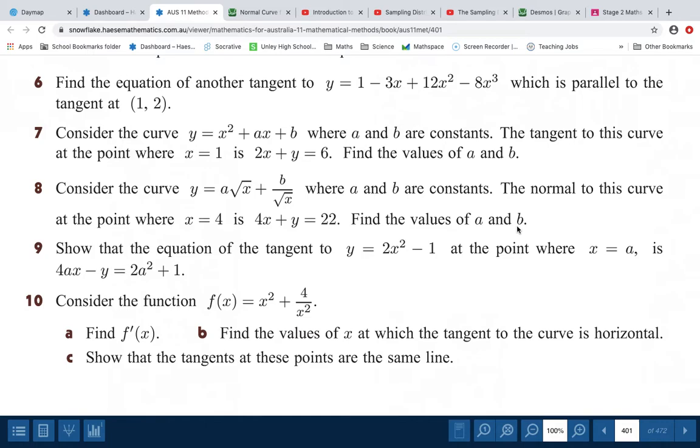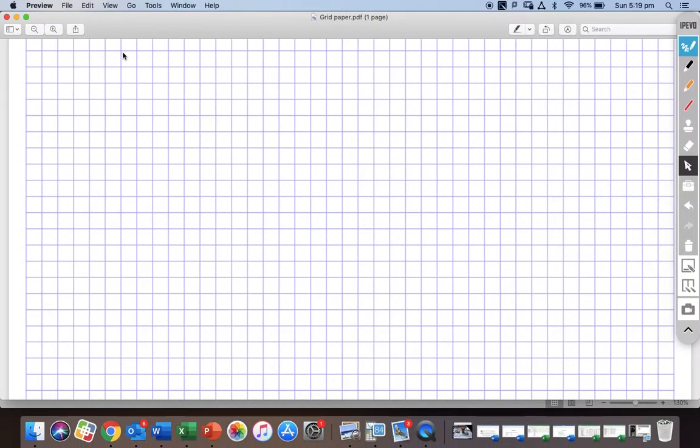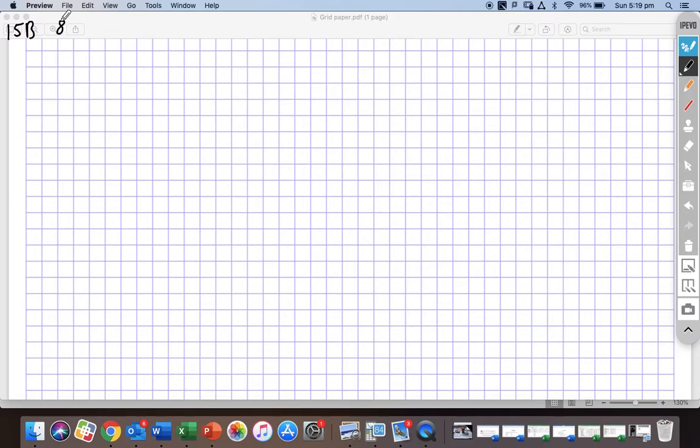All right, well, I need to write all this down, so let's start the question. This is 15b, and it's question 8. Okay, so here's the equation.